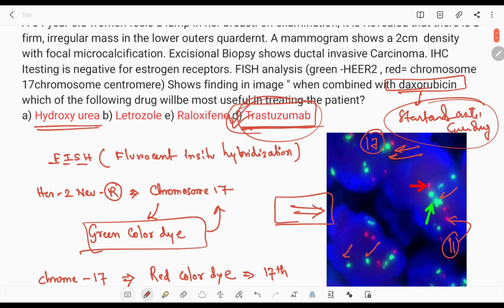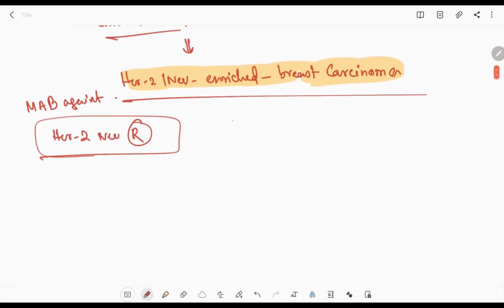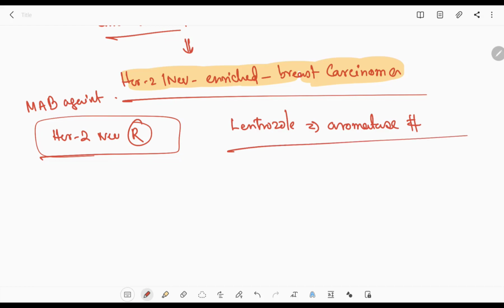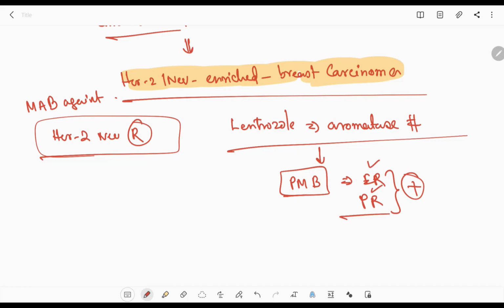Another option given is hydroxyurea. No, it is a cytotoxic anti-cancer drug, so the answer should not be hydroxyurea. Letrozole is an aromatase inhibitor. It is used in postmenopausal breast carcinoma which is ER PR positive, meaning estrogen receptor and progesterone receptor positive.